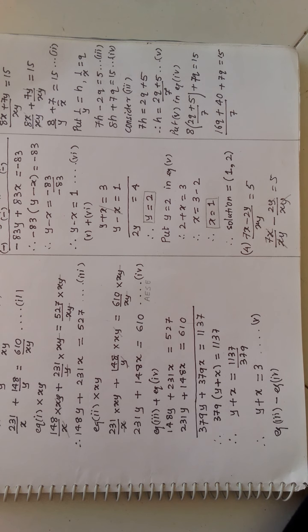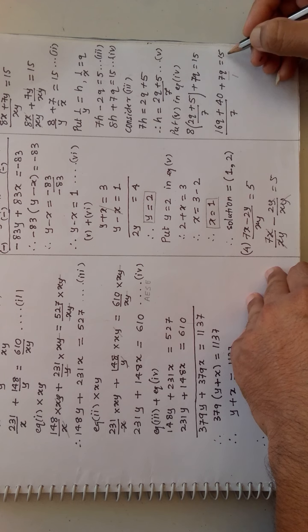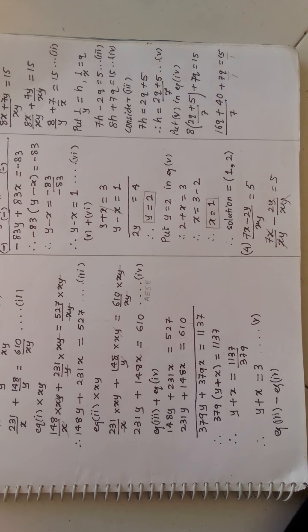Now if you are not comfortable cancelling this 7, what you do is, this has the denominator 1, right? This also has denominator 1. So what you do is, either cross multiply or see how many denominators are there. So the denominators are 3, but other than 1, the denominator is only 7.